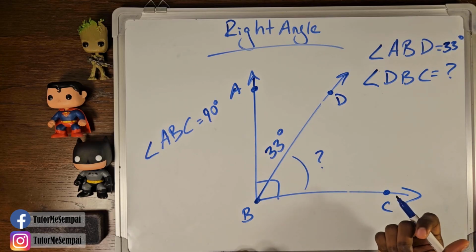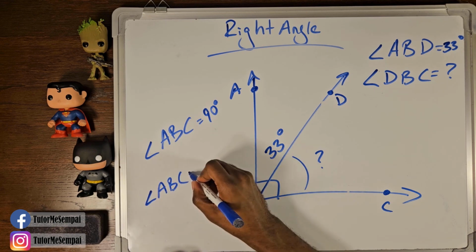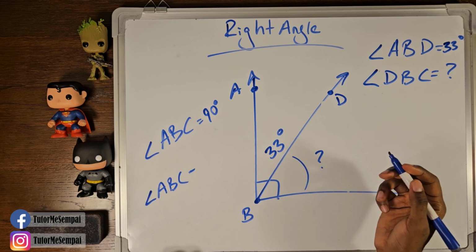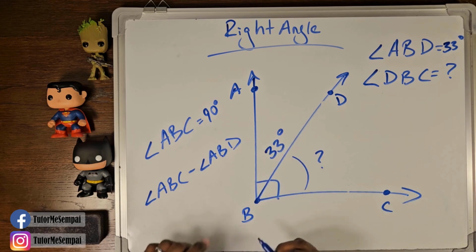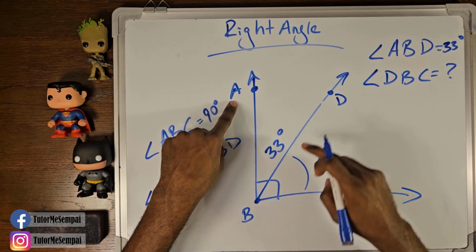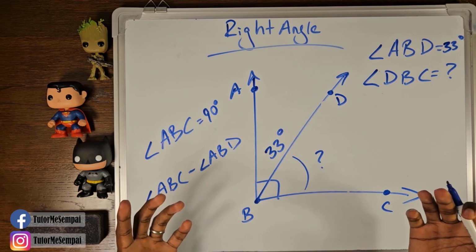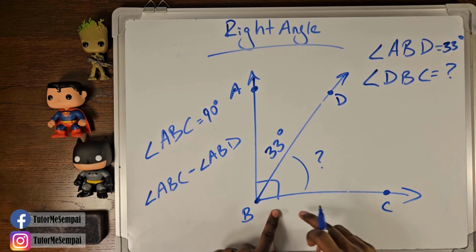So what we're going to do is angle ABC minus what? Angle ABD. So we have the whole angle ABC minus angle ABD. And the result, the answer, should be what's left over, angle DBC.